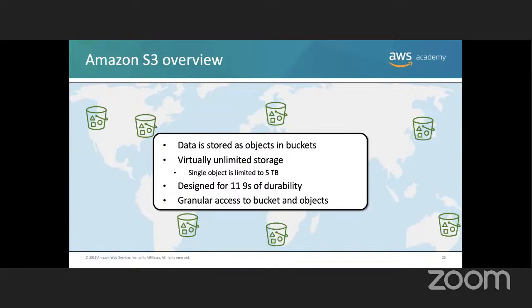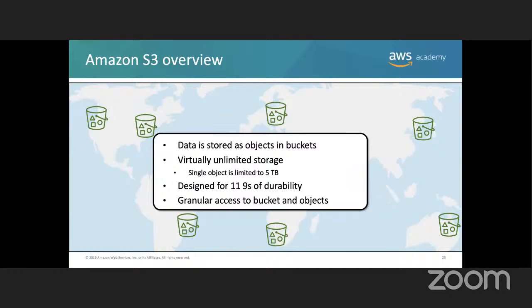But there's a limit per single object, and it's 5 terabytes. Your object cannot exceed 5 terabytes, but you can store as many objects as you want. There's no limit. So it's highly scalable.